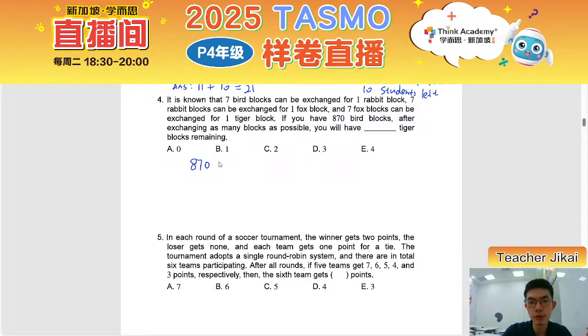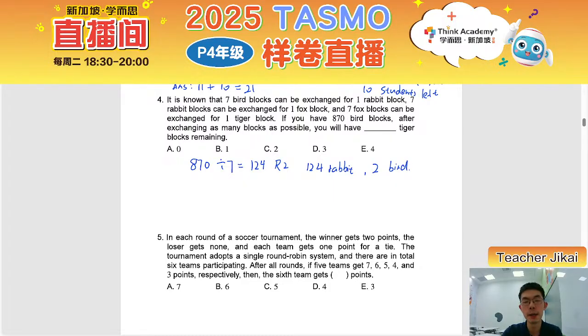So first, we need to transfer the bird blocks into rabbit blocks. That's why we first divide by 7. After I divide by 7, it is 124, remaining 2. It means we can exchange for 124 rabbit blocks and 2 birds.